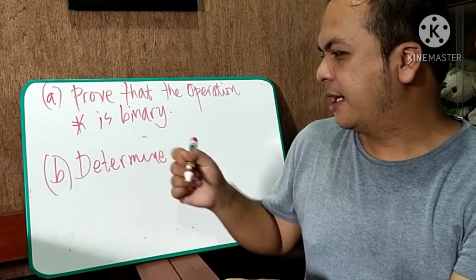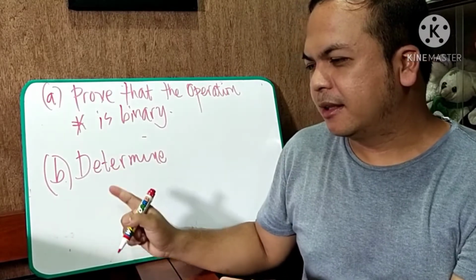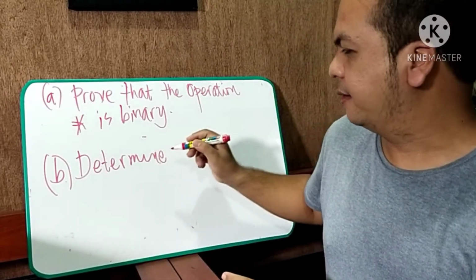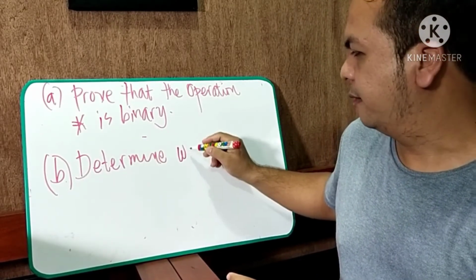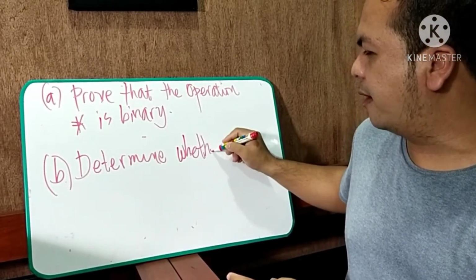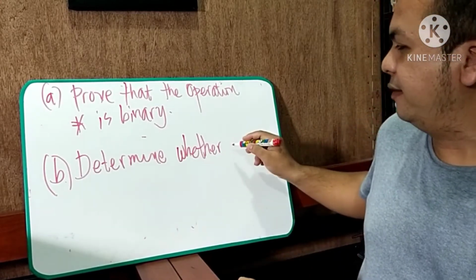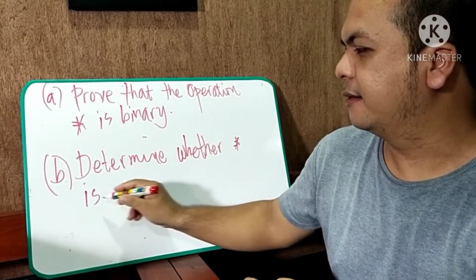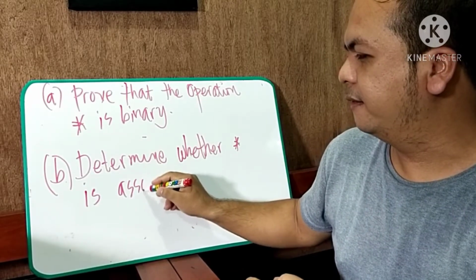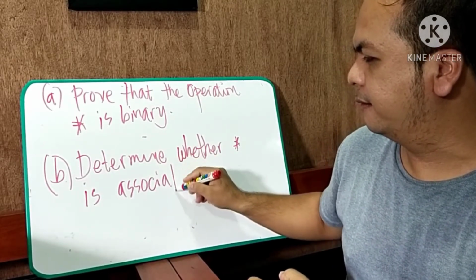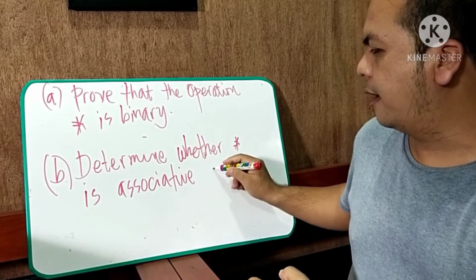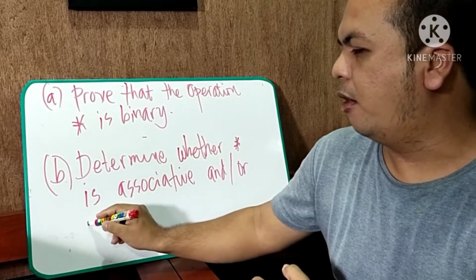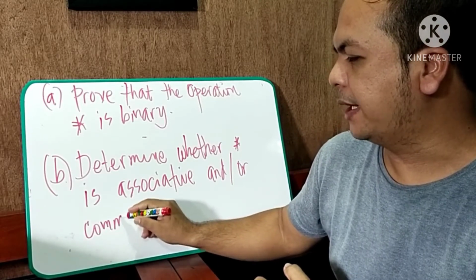Second, we will determine whether this operation star is associative and or commutative.